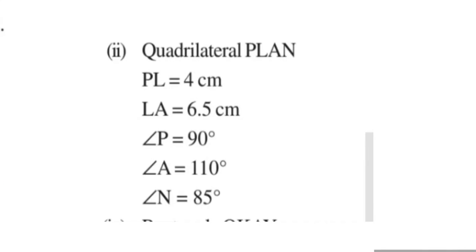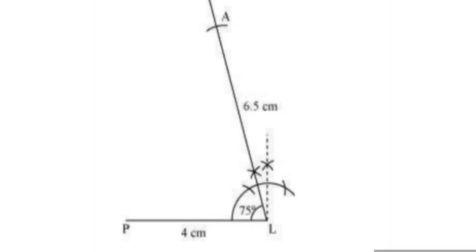See the second one, quadrilateral PLAN. Now see the steps. First, draw a line segment PL equal to 4 centimeter and draw an angle of 75 degree at point L, as vertex A is 6.5 centimeter away from vertex L. Cut a line segment LA of 6.5 centimeter from this ray.